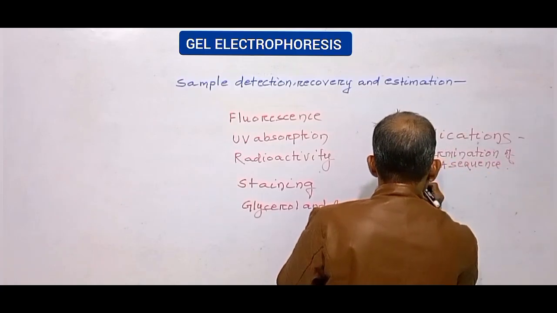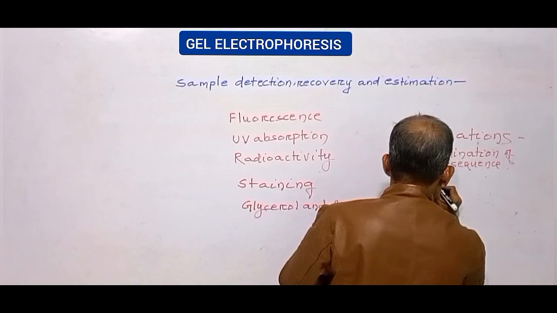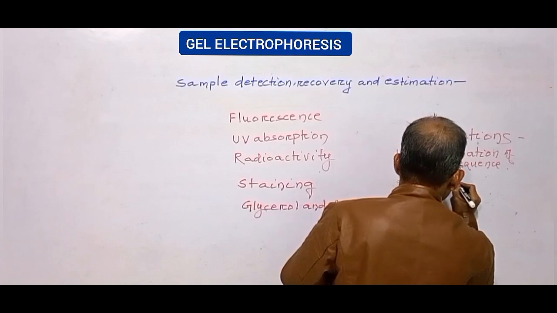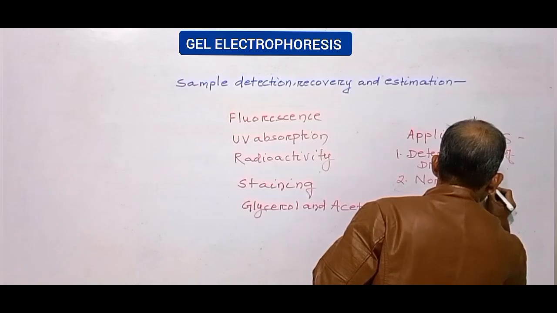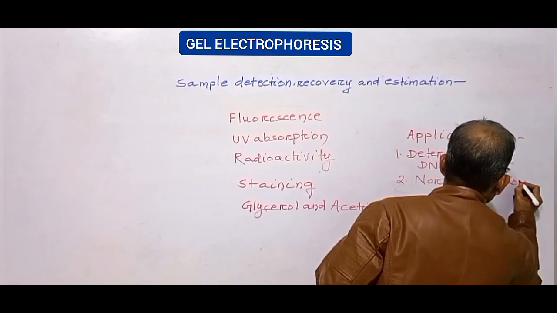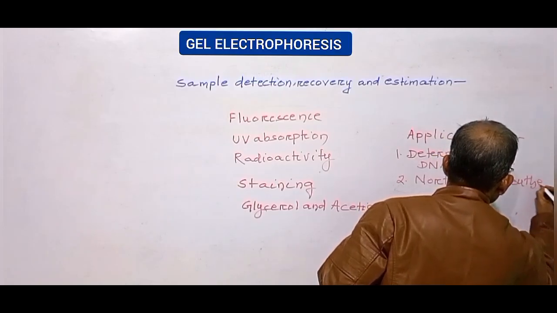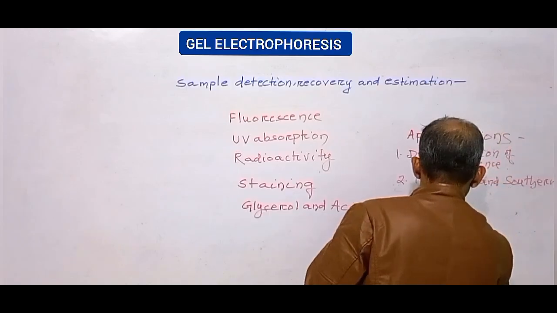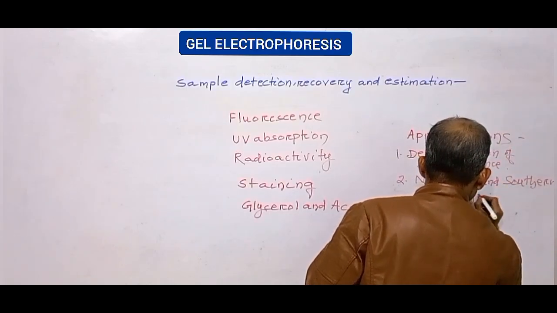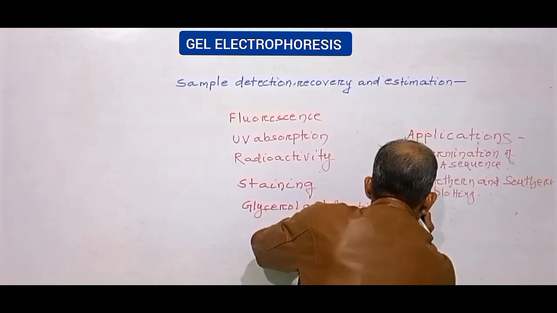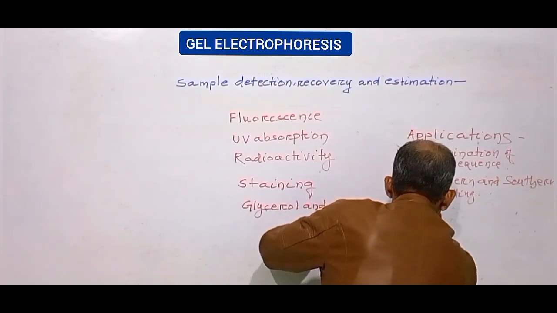Second one is northern and southern blotting. Third one is restriction mapping of DNA.